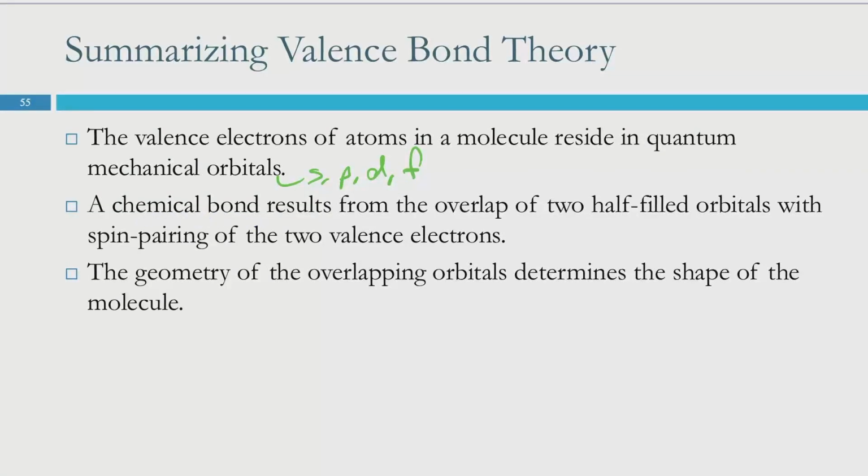Our chemical bond is going to result from the overlap of 2 half-filled orbitals most of the time. Each atom puts in 1 electron to form that bond, and they're spin paired up and down. And then the geometry of the overlapping orbitals determines the shape of the molecule.